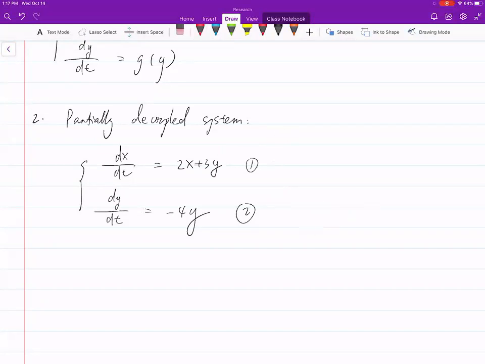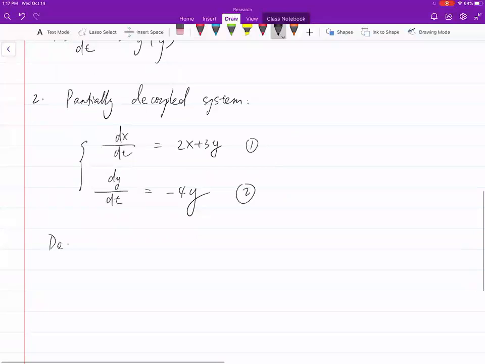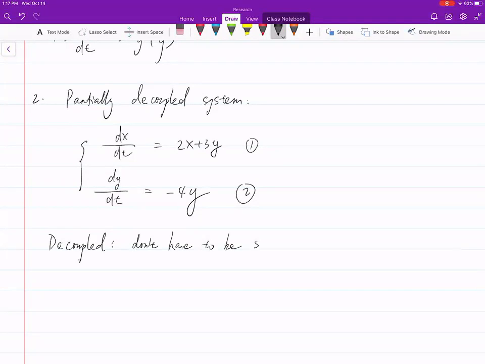So basically, when you say decoupled, it means that they don't have to be solved together. If it's completely decoupled, then you can solve each single one separately.